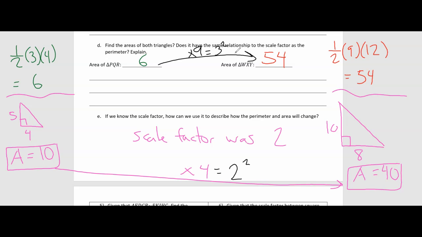So when you're doing area, and this has to do with area being 2-dimensional, you're not going to multiply by just the scale factor. You're going to multiply by the square of the scale factor. And this holds true not just for triangles. This will hold true for squares, for rectangles, for hexagons, for pentagons, for any type of polygon. It's also going to hold true for circles as well, even though circles are not a polygon.